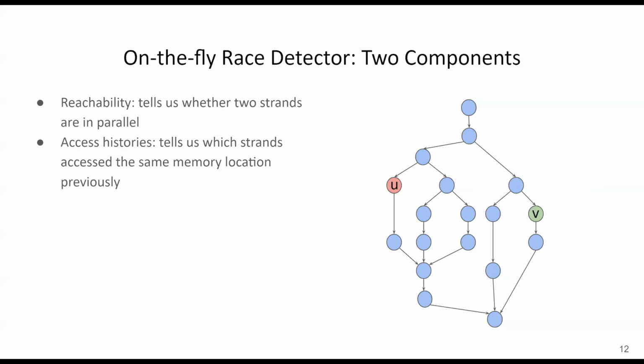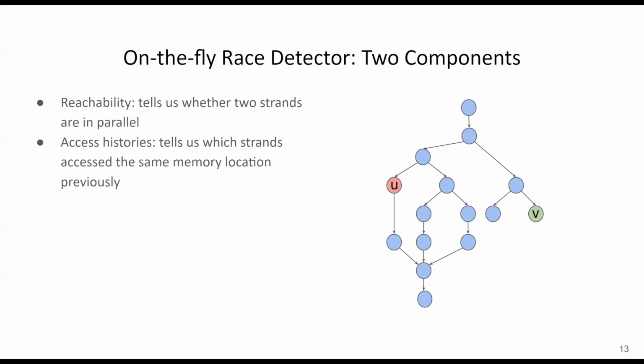Now let's do a quick example to see how these 2 components work together to find a determinacy race. Say both nodes U and V perform write operations to a shared variable. Now consider a parallel execution of this DAG. Say we first execute the left branch, then we go back to the right branch.